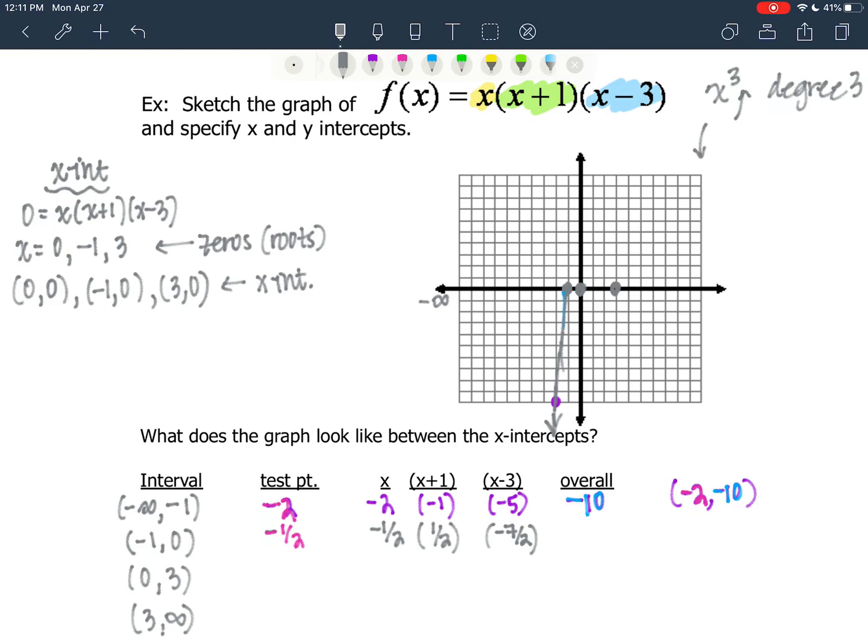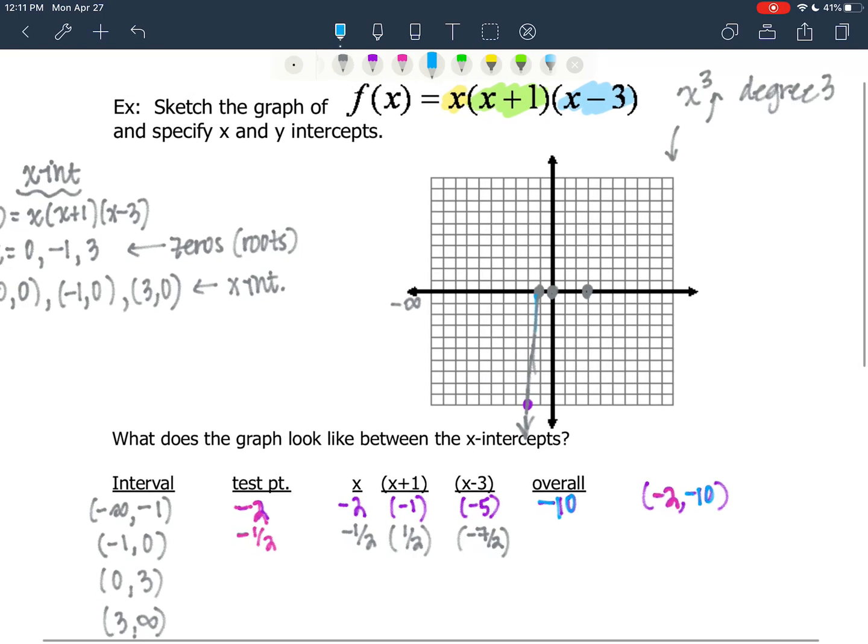A negative times a negative is a positive, and that's going to be a positive 7/8. 1 times 1 times 7 is 7. 2 times 2 times 2 is 8. So when we put a -1/2 in, we are going to get a positive 7/8 out. So (-1/2, 7/8). That's going to turn like that.